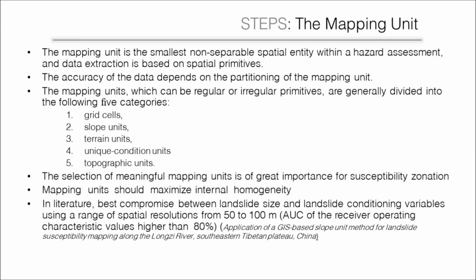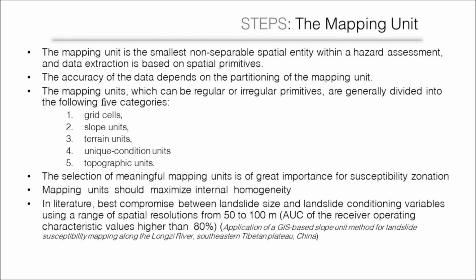So we start with the mapping unit, which is the smallest and non-separable spatial entity. With any kind of mapping, it is the smallest unit represented; if we have a raster, it is the pixel size. So the accuracy of the data depends on the partitioning of the mapping unit.